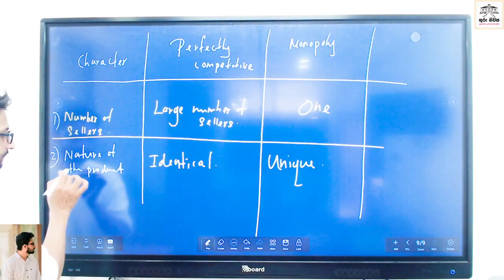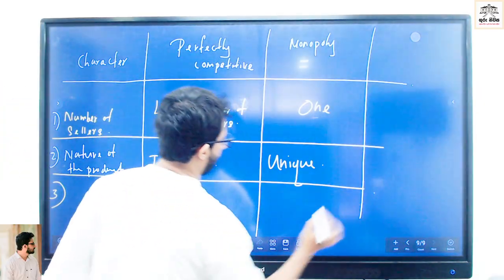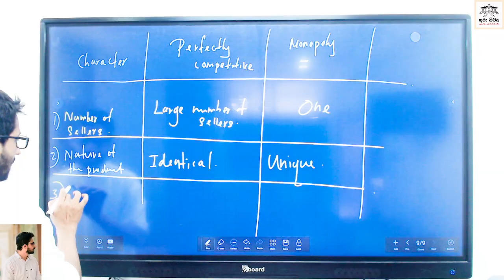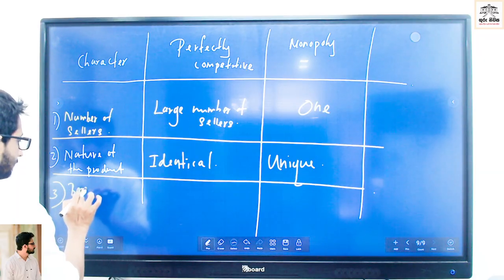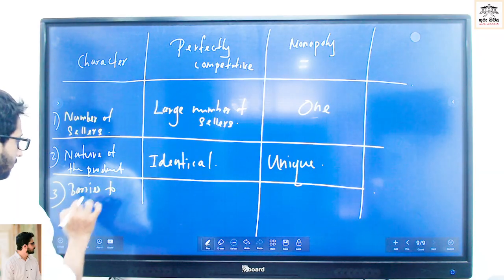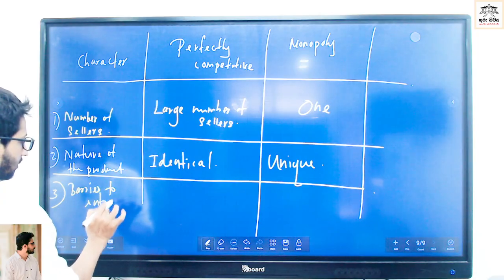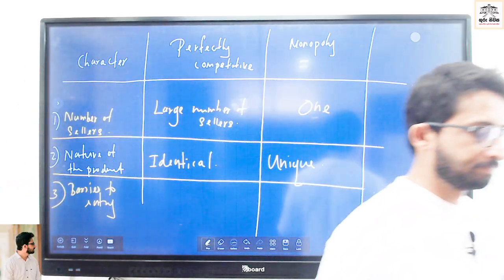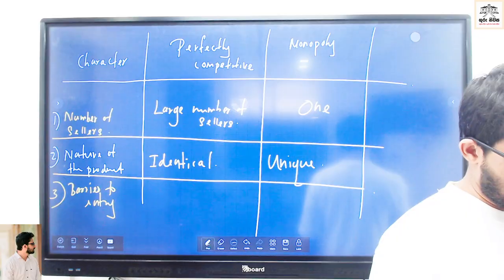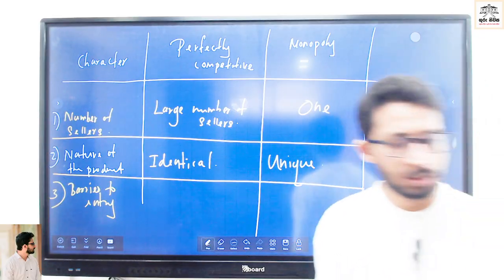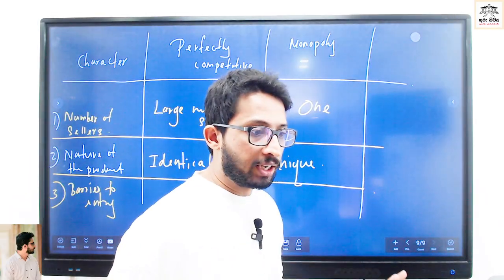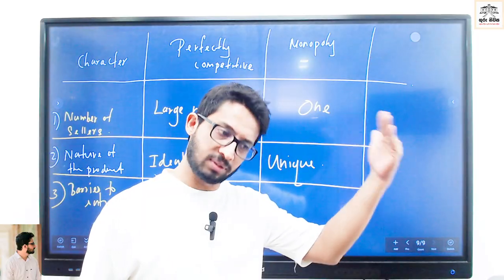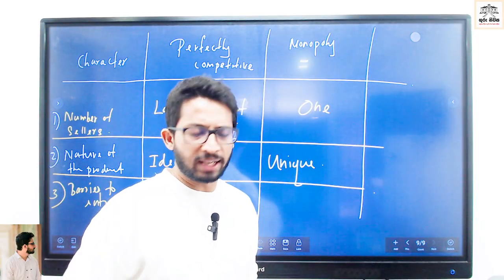Third one, barriers to entry. Perfectly competitive: no barriers. Any firm can enter the market anytime.